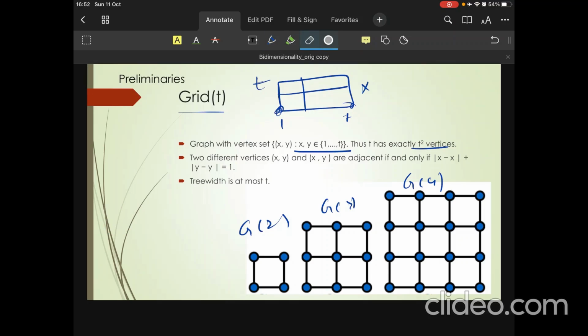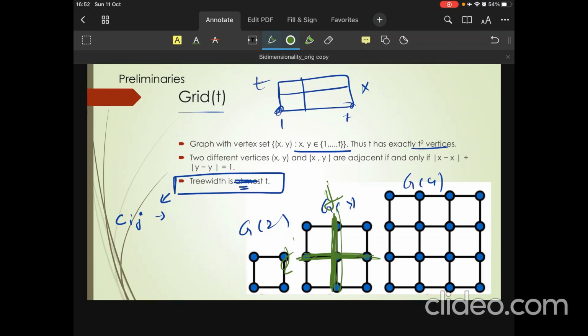Next, we take this as a black box result only: tree width is at most t. In fact, we'll take tree width is equal to t for grid t. Why are we taking it as a black box? Because the result is as follows. It considers C_ij's, which are basically crosses. What is a cross? It is a subgraph like this, with the ith row and ith column and jth column and ith row.